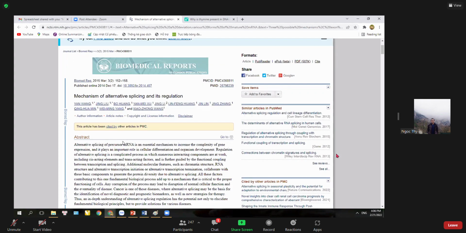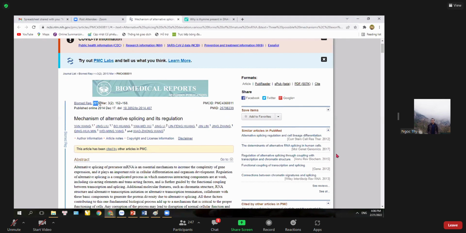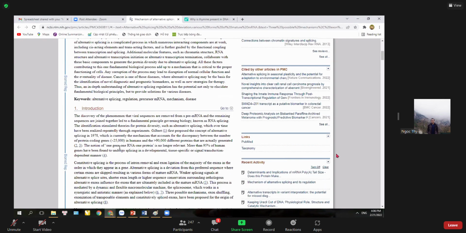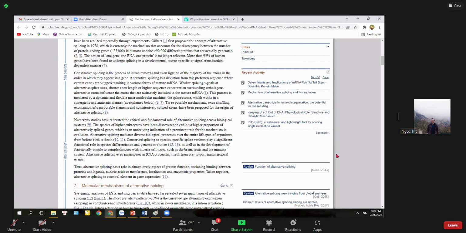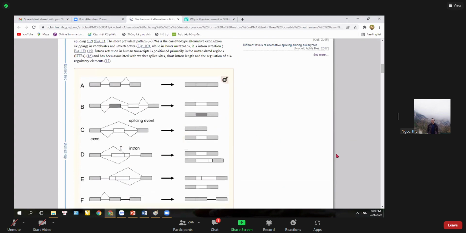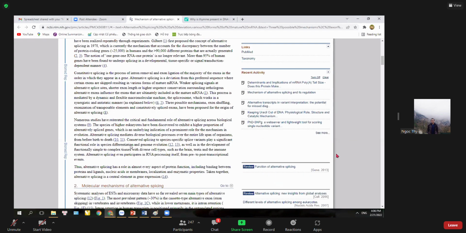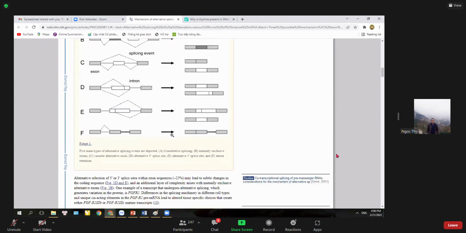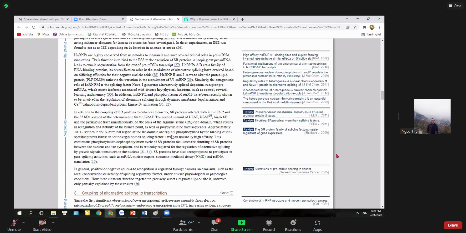We studied the mechanism of alternative splicing, which was released about seven years ago, and they have provided several hypotheses on how the splicing process came about. The three main possible mechanisms are exon shuffling, exonization, and constitutively spliced exons. And all the information about the research is provided in the paper here. Okay.